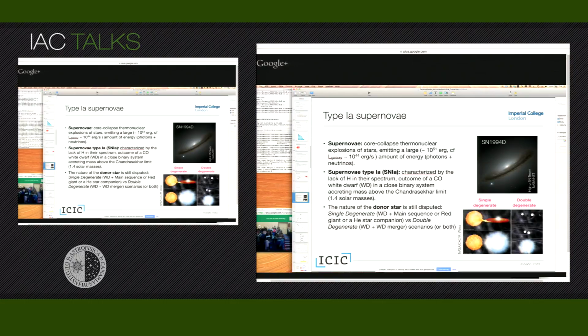So there are observational clues to support either of the two mechanisms, and it could be that the type 1a supernovae that we see in the universe are effectively a mixed family that come from both types of formation histories. We don't know. But the point is that, however this happens, the white dwarf is able to accrete mass above what is called the Chandrasekhar limit, which is 1.4 solar masses.